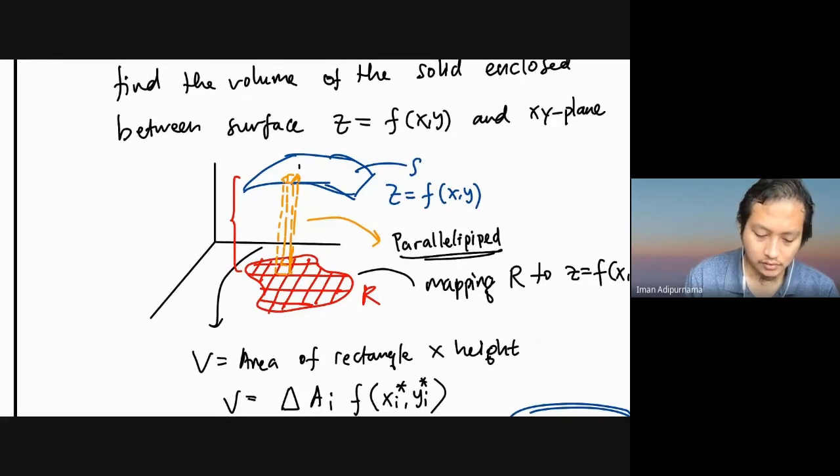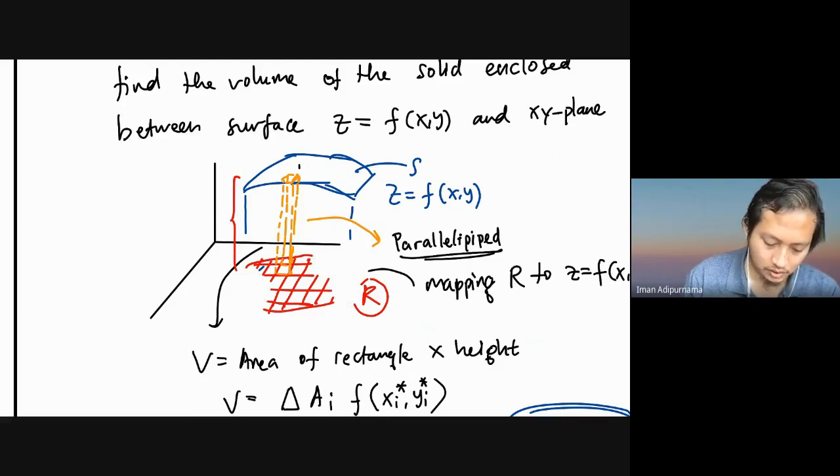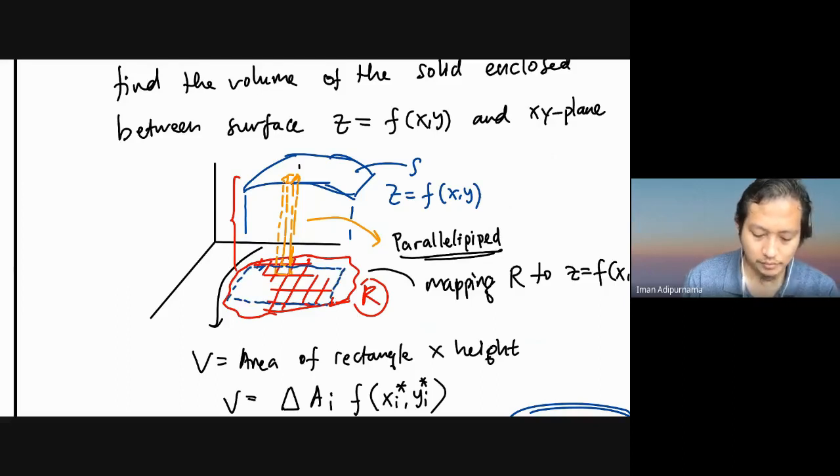I suppose this region R is larger. Okay, and basically you can project the surface inside this region. Maybe I will make it larger a little bit so that it makes more sense. You can project and map all the points from the xy plane to the surface.